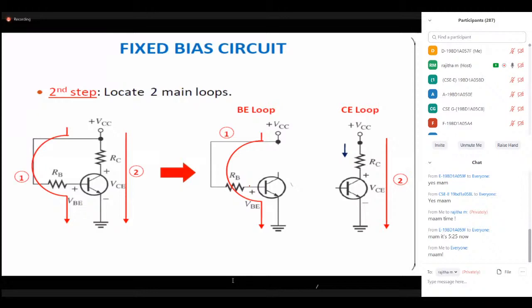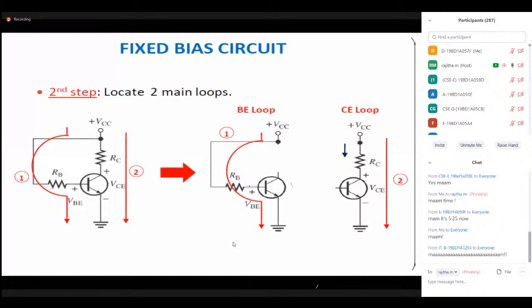Here we connected VCC through RB. So if there is any change in RB, or if I replace the resistor with another resistor value, or, for example, my transistor is burned out and I want to replace it with the same type of transistor, we know that no two components have the same characteristics. They have some tolerance, and no two components have ideal characteristics.